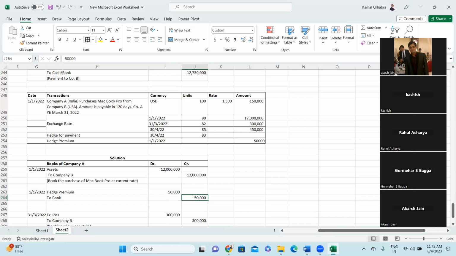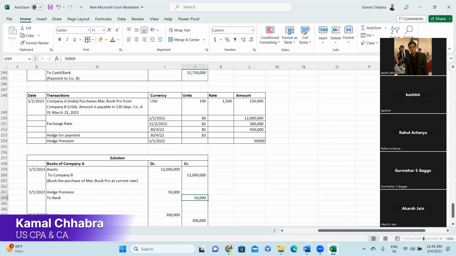So the bank has immediately earned 50,000 rupees, right? Yes sir. Then Akash went and said, I'm expecting $150,000 after 120 days. So the bank says, okay, I'll pay you 82 rupees 80 paisa. So 20 paisa per dollar, there also the bank has earned.